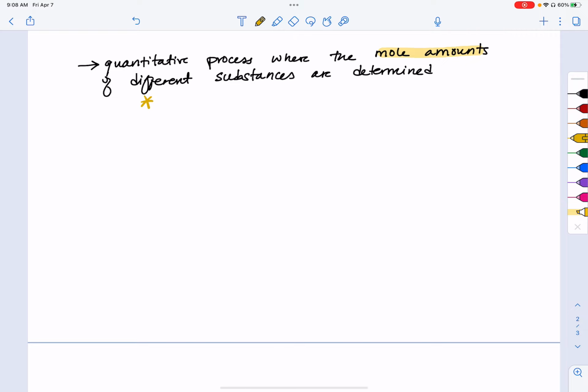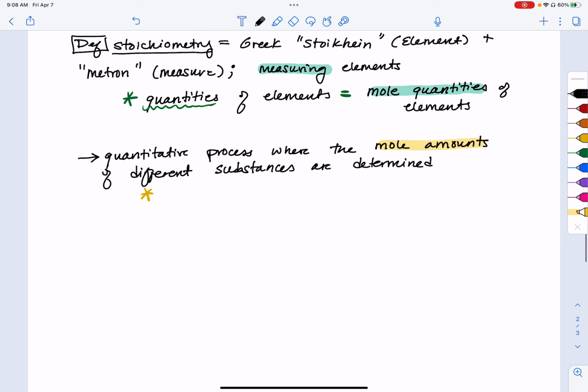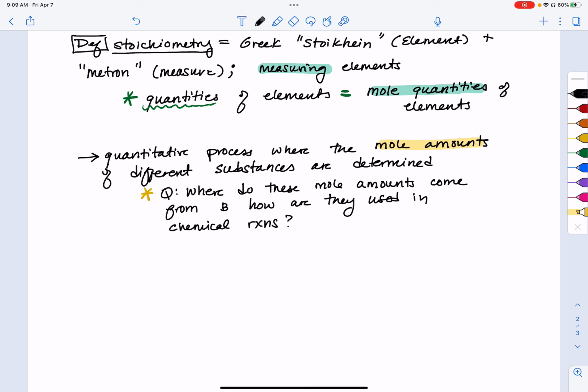Let's think about this idea of a mole amount, especially in the context of a chemical reaction. So let's ask ourselves a question. Where do these mole amounts come from and how are they used in chemical reactions?